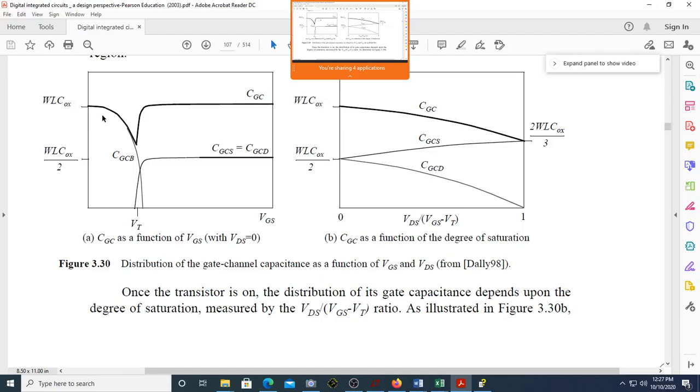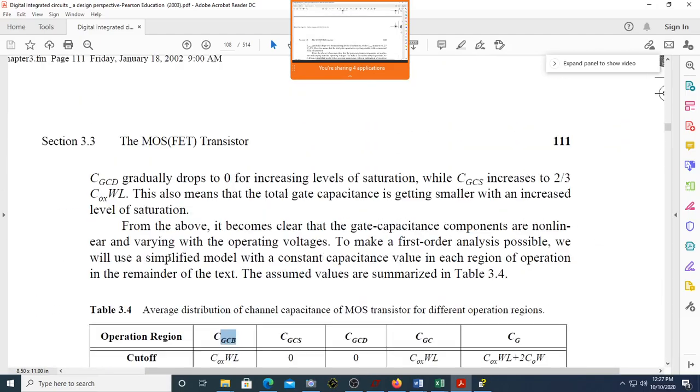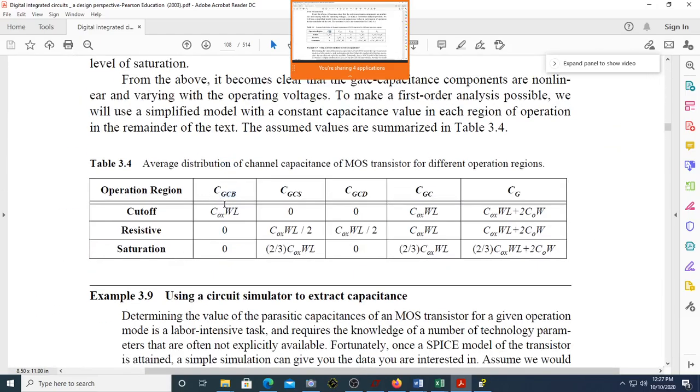Gate to channel capacitance before the on state is due to the bulk connection. See here, CGCB is this. Why is this CGCB 0 here? Why are these two 0? Can somebody say?